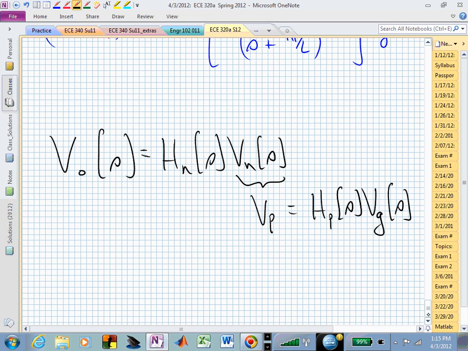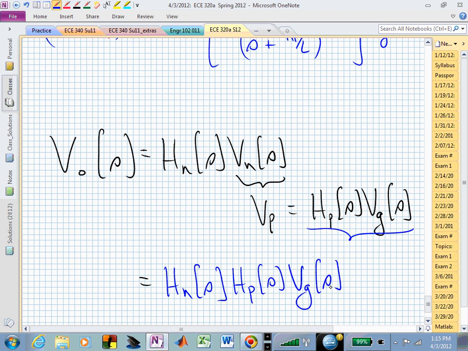And by doing that, I now can say that V sub 0 of s is equal to H sub N of s times this, which is H sub P of s times V sub G of s. You really just need to do whatever combination is specified by the way the circuit is configured to obtain your overall transfer function. But in this case, it was a cascade of transfer functions which produces a product of transfer functions.